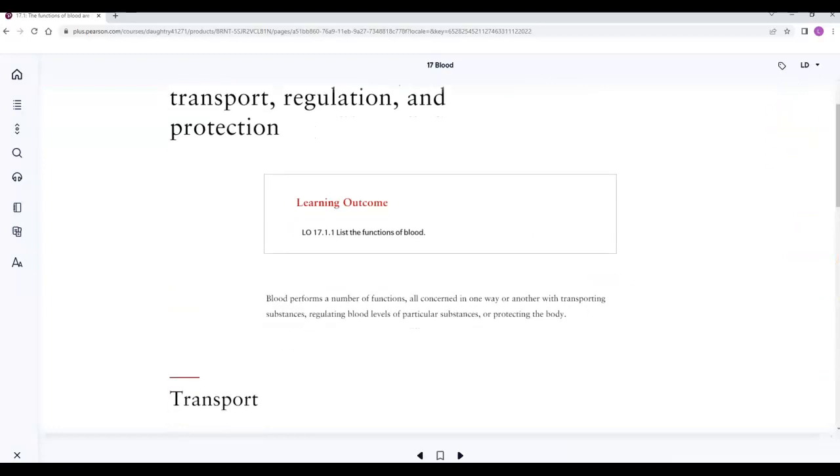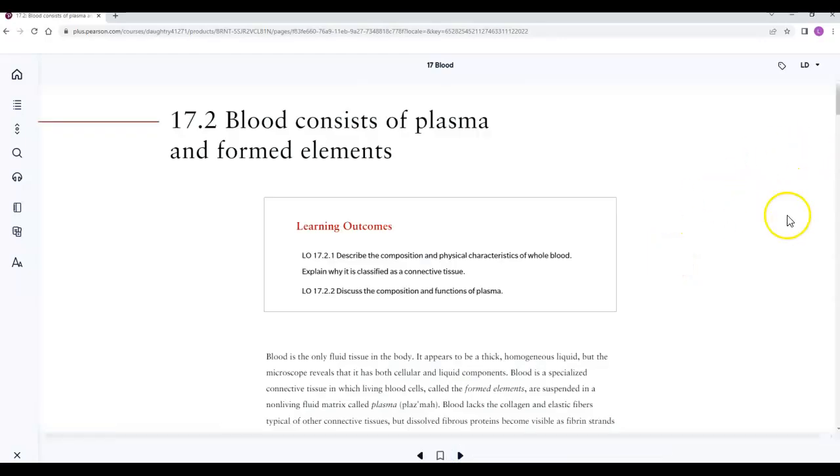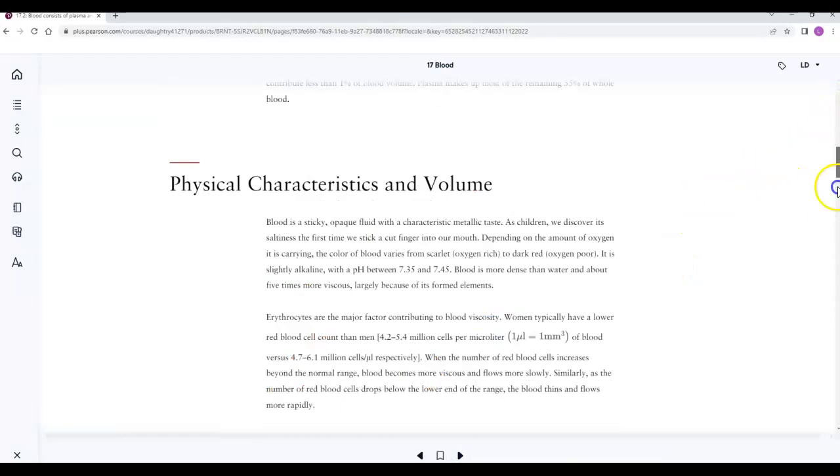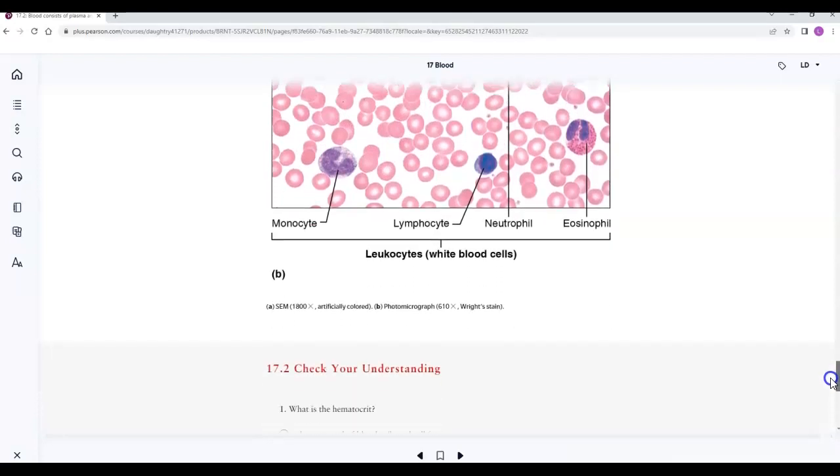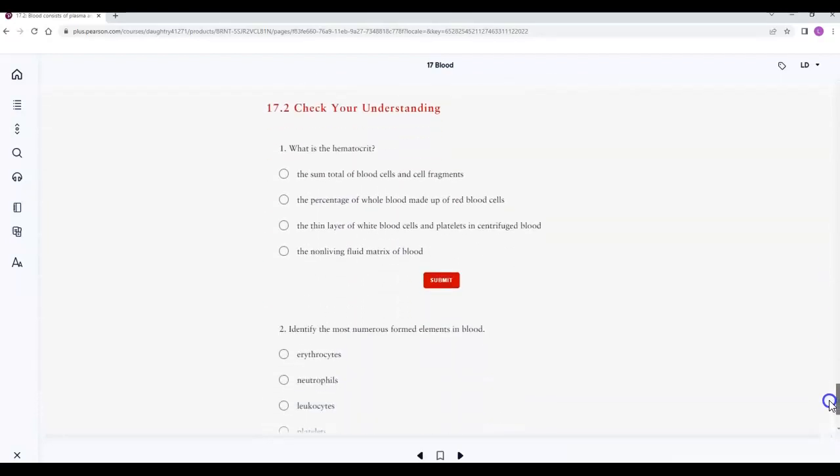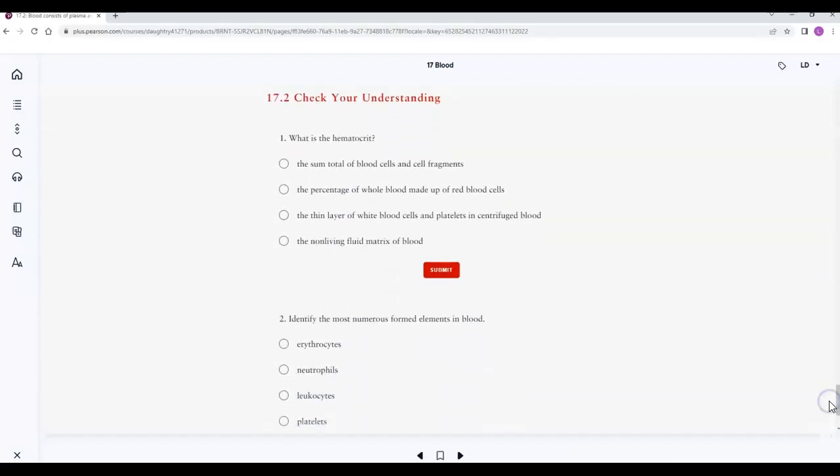Let me try 17.2. Okay, 17.1 did not have these questions in it. So for every section, scroll to the end of that section and look at the Check Your Understanding questions.